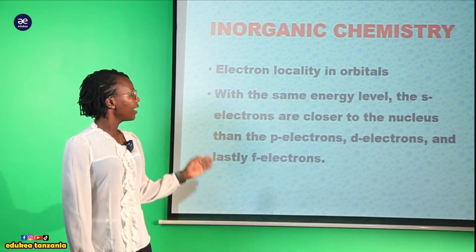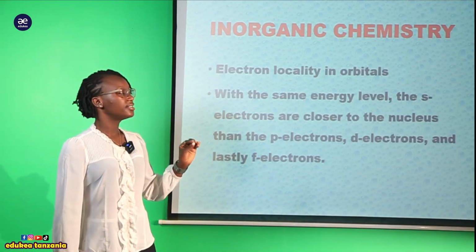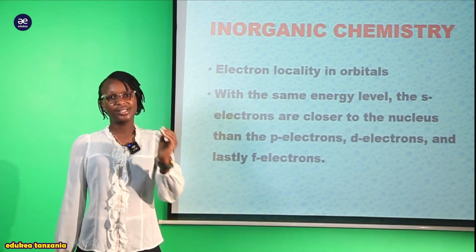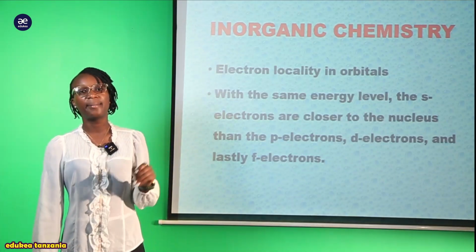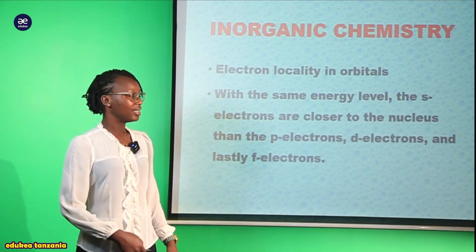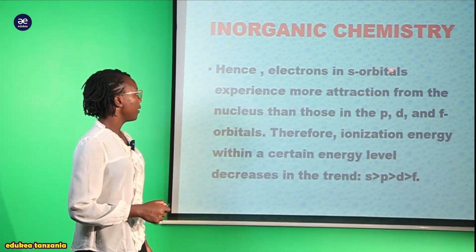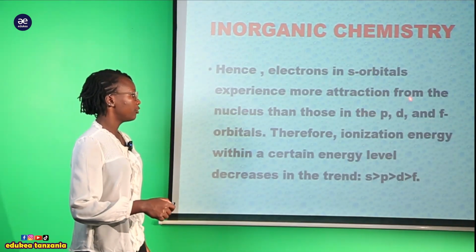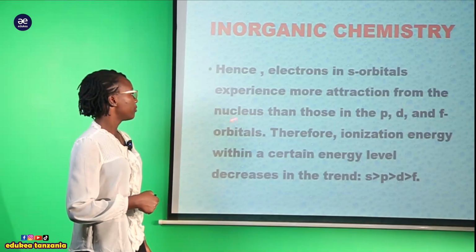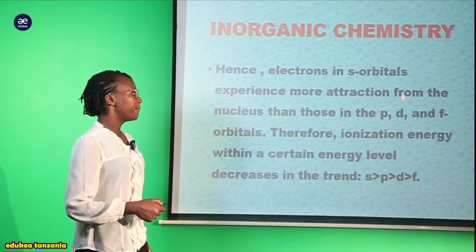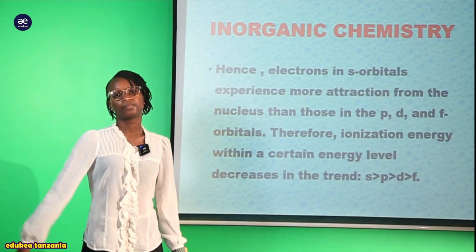Sasa tunapoangalia hii locality, electron locality in orbitals, now how will this be useful to determine the trends of the ionization energy? So here we have to see that electrons in the s orbital experience more attraction from the nucleus than those in the p, d and f orbitals.